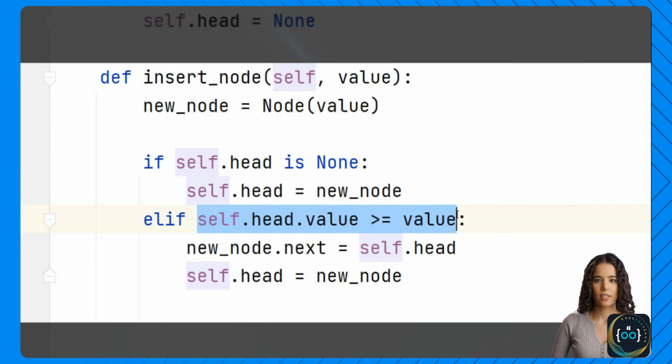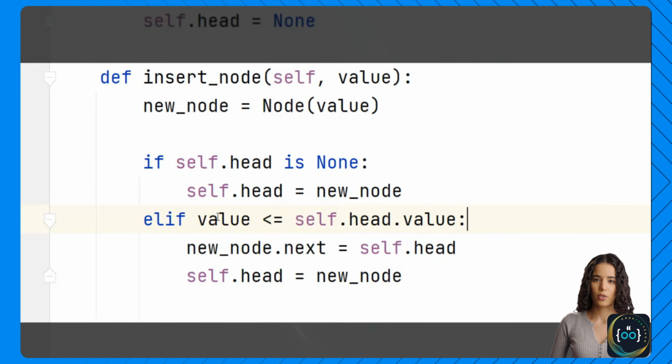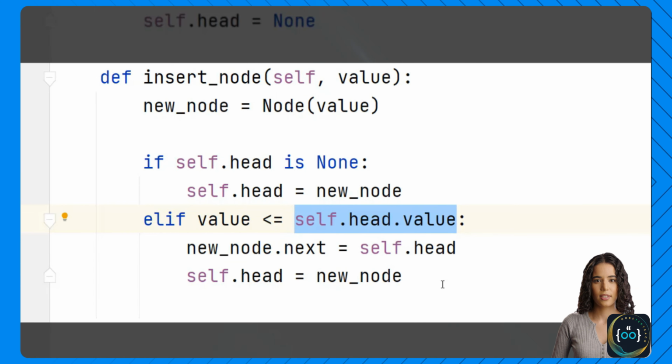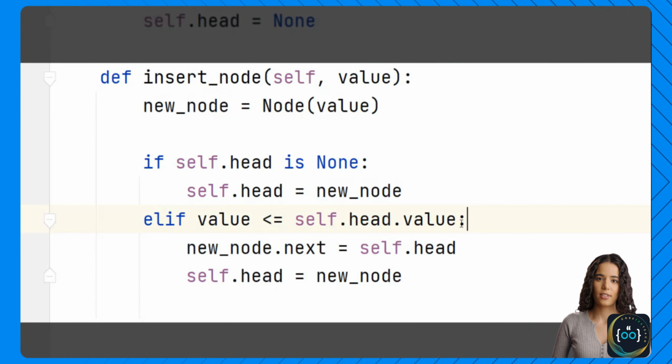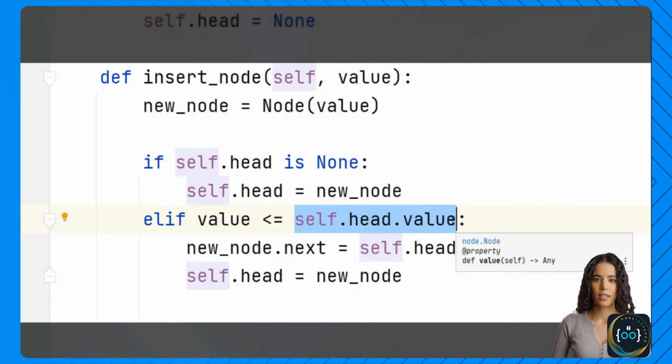This condition is also equivalent to this right here. If the value is less than or equal to the value of the head node, then we do this. I think this can be more helpful to visualize what is going to happen.